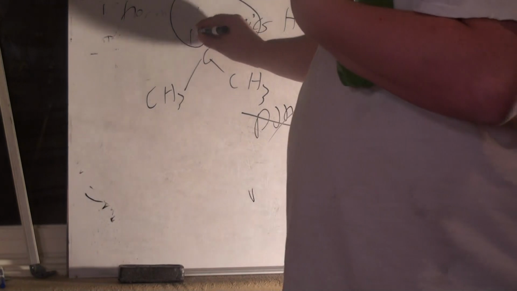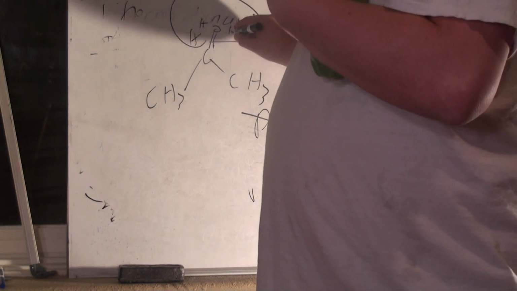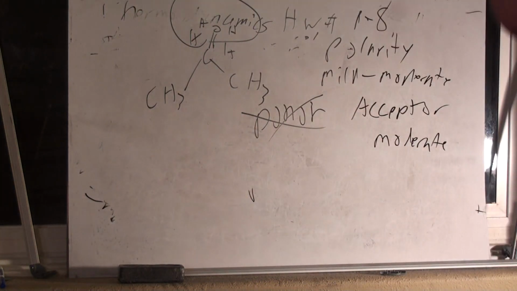I can put a hydrogen here, or here, or here, or here. I have a lot more degrees of freedom in terms of a hydrogen docking on that oxygen. Whereas something that is equally polar might not have as much room. Let's say if this was something like a nitrogen.